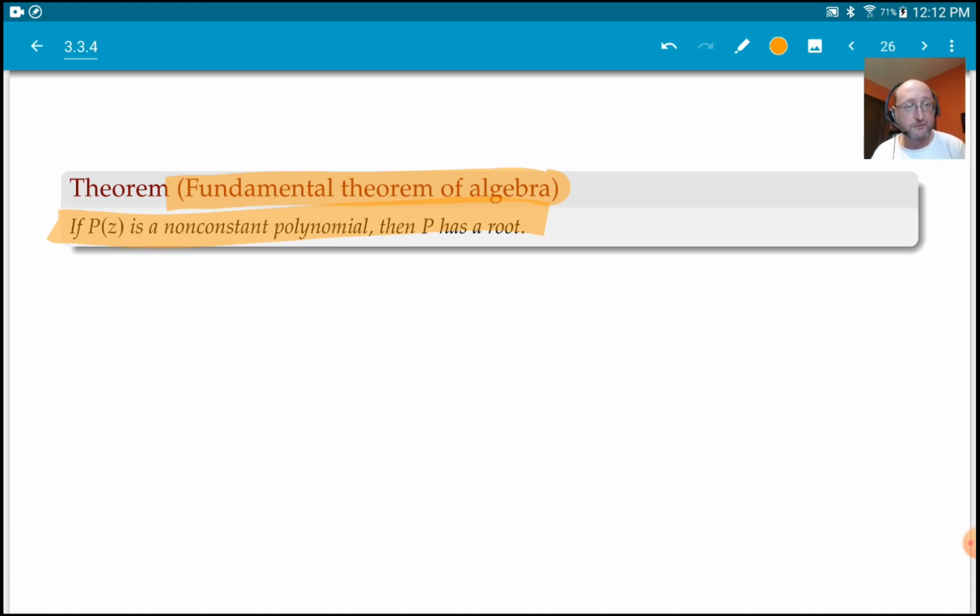Some complex number. Not necessarily true for real: x squared plus 1 as a real polynomial does not have a root. But z squared plus 1 has i and minus i. This is how we really started the class.